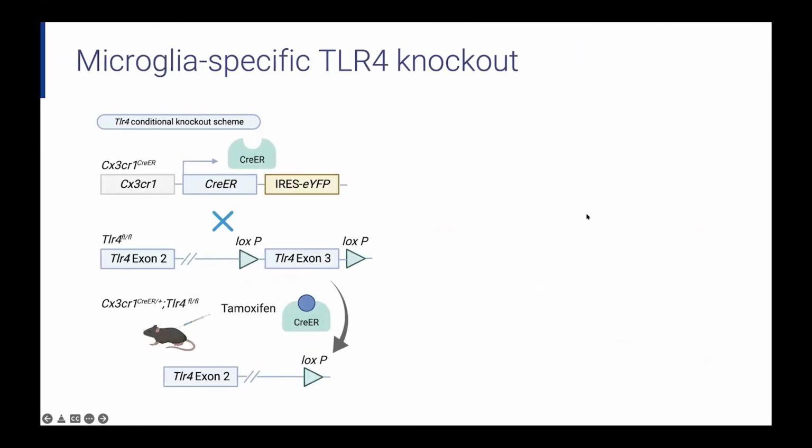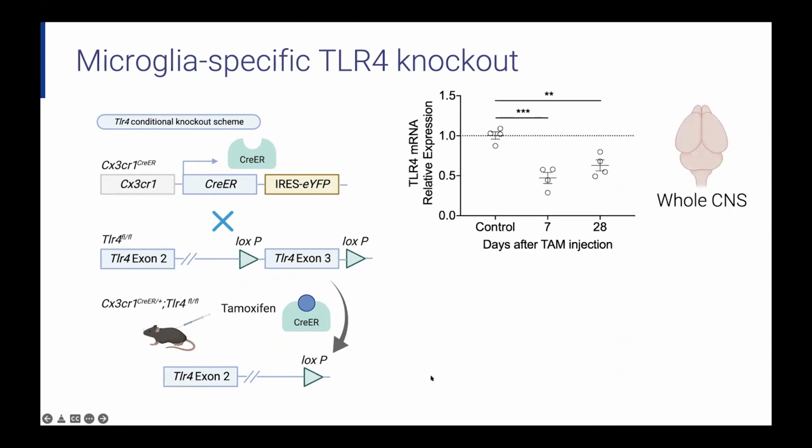But we wanted to take advantage of this mouse that we had already been using, as I mentioned in the depletion study, the CX3CR1 Cre mouse, and we mated it to a TLR4 floxed mouse to get a conditional knockout that would be both time and cell specific.